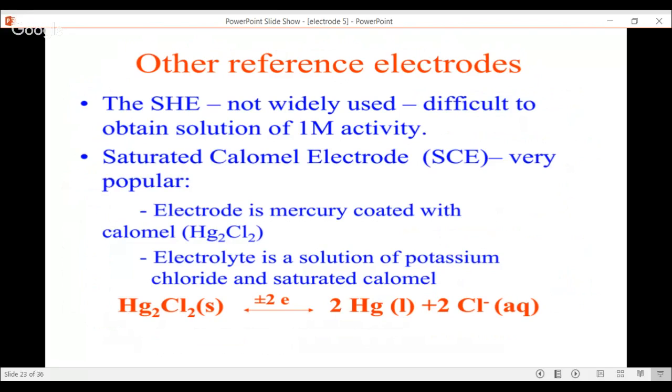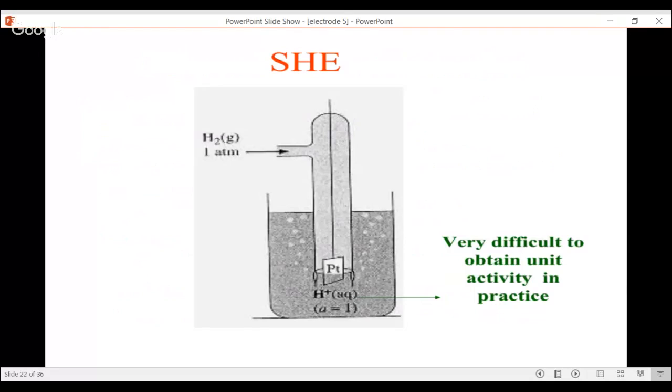But this standard hydrogen electrode is not widely used because it is very difficult to maintain. Construction is not difficult, but you have to maintain hydrogen pressure at 1 atmosphere. You have to keep the concentration of the electrolyte 1 molar, or activity is 1.